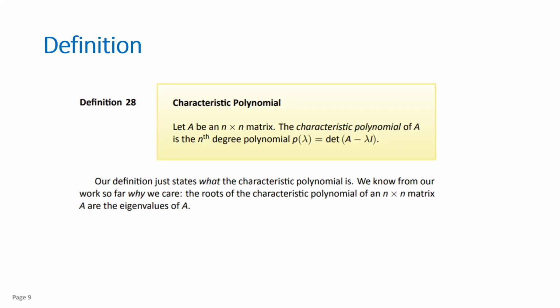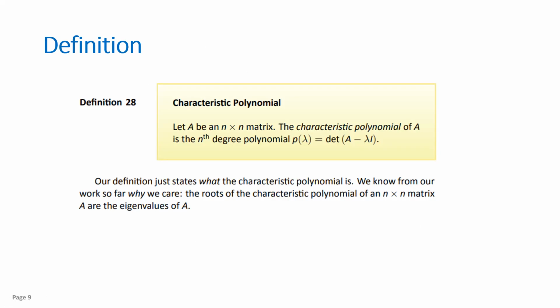So what is the characteristic polynomial? Whatever we get, like lambda square plus b lambda plus c equal to 0, is called the characteristic polynomial. Let A be an n by n matrix.